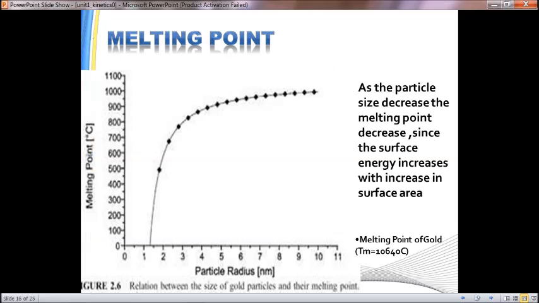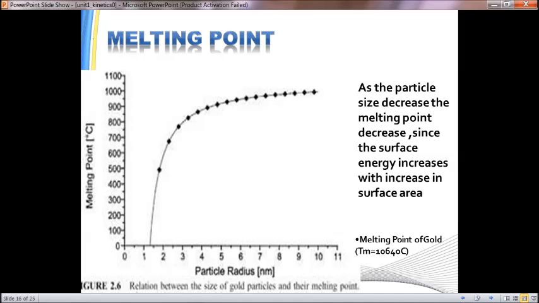Then melting point. As the particle size decreases, the melting point also decreases, since the surface energy increases with increase in surface area. Because whenever it is a metal, it has different characteristics, and bulk material can be heated and it can be used with some solutions.